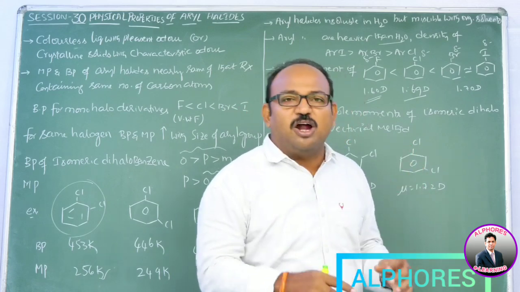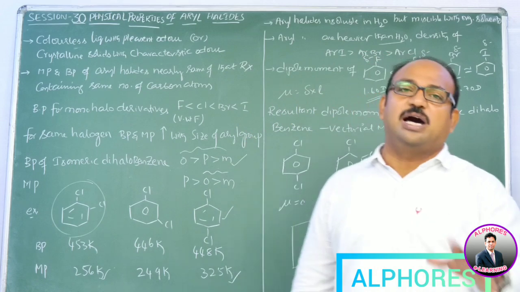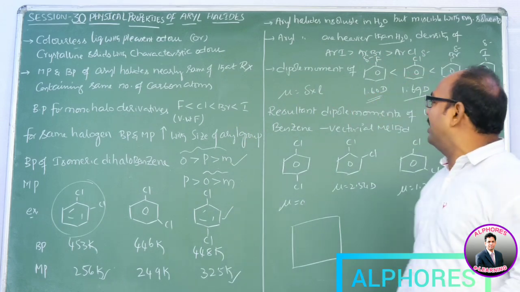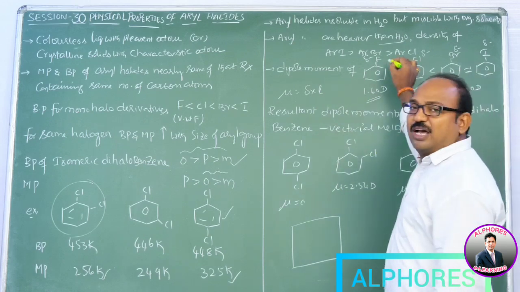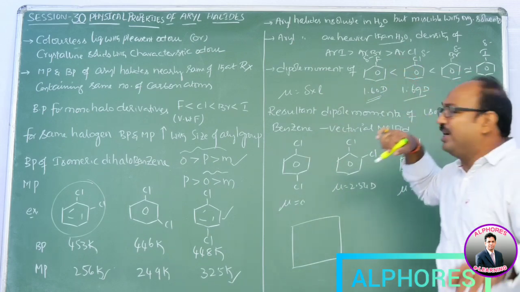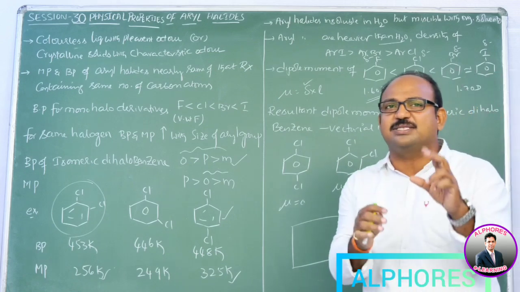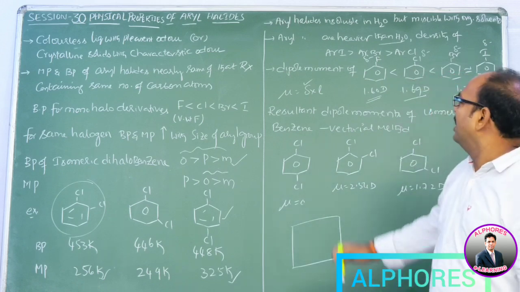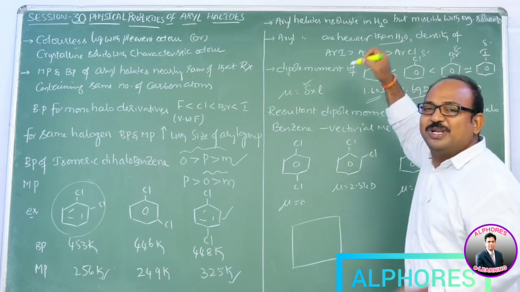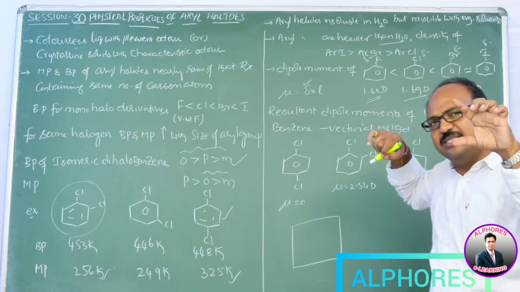So we are supposed to consider that dipole moment means not only charge, but also length, meaning the distance between the two poles. In the case of fluorobenzene, even though the delta value is more, because of fluorine's small size, the distance between these two poles, meaning F and the ring carbon, is small.